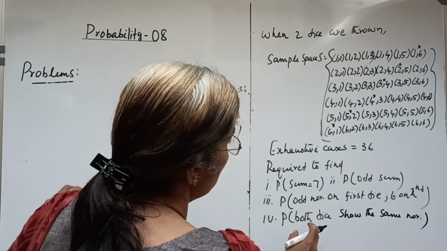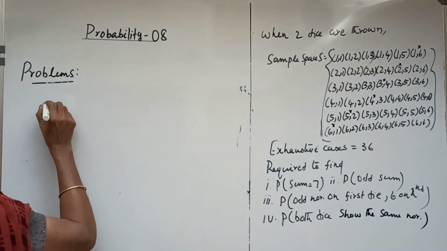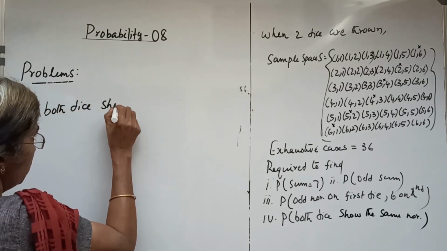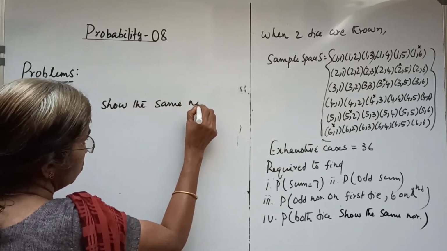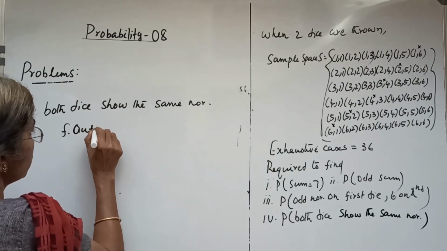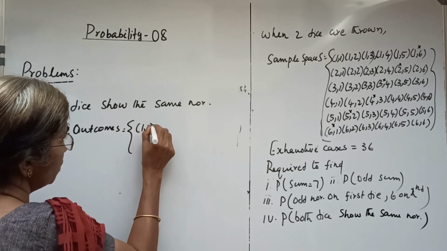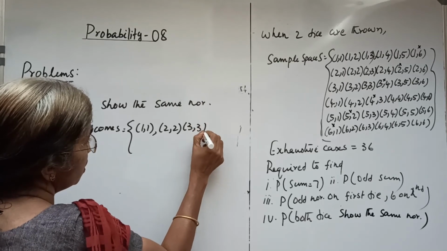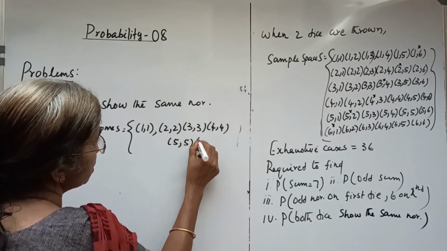Now the next one. Probability that both the dice show the same number. The favorable outcomes are simply the same number: 1, 1, 2, 2, then 3, 3, then 4, 4, then 5, 5, then 6, 6.